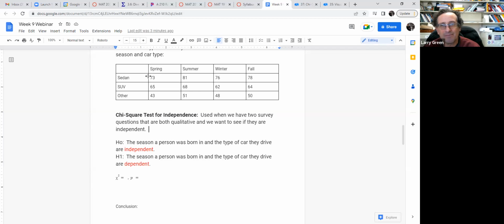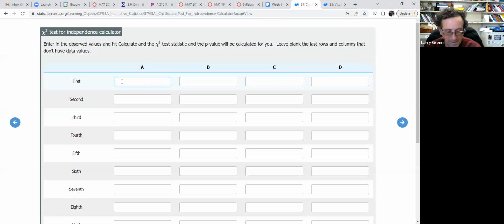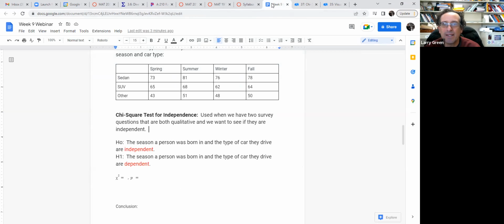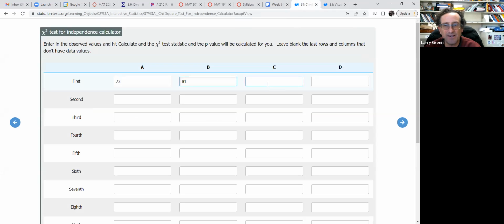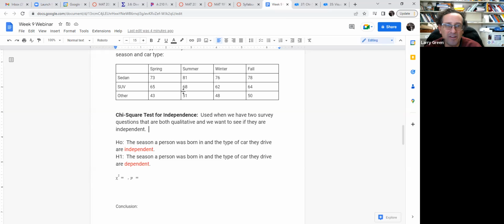We've got 3 rows, 4 columns, and 73, 81, 76, 78. So 73, 81. It does take a little time to type them in. And then 76, 78. And then the next ones were 65, 68, 62, 64.